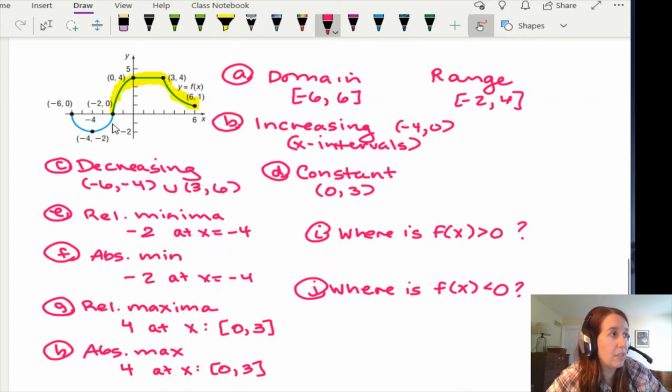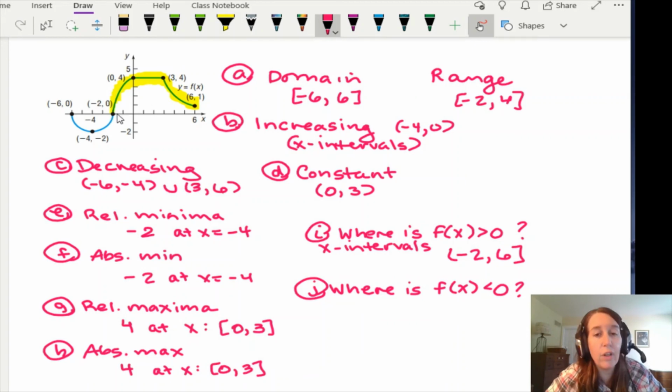Okay, so my answer is this x interval. Again, answer in x interval. Okay, so we're starting at the x value of -2. And the graph is positive until x is 6. And it's actually still greater than 0 at that point. So we want to include the 6 and use a bracket there. We use a parenthesis at -2 because we want it to be greater than 0, not greater than or equal to 0.